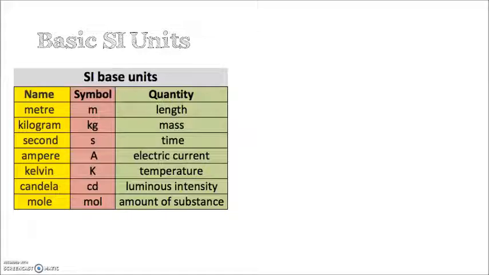Well, if we look at the base units now, the basic SI units are the meter, symbol m, for length, kilogram, kg, for mass, time is second, and current is ampere.